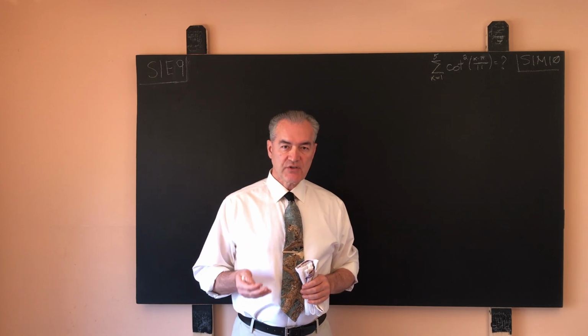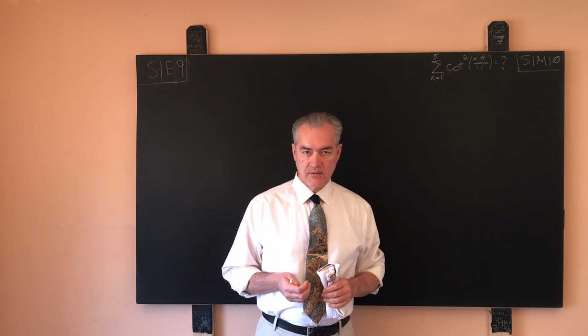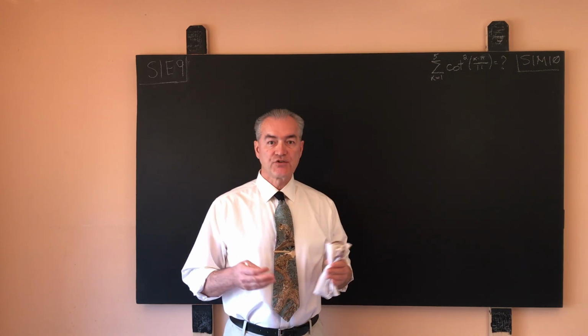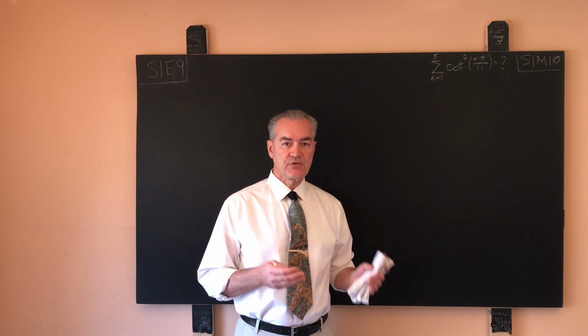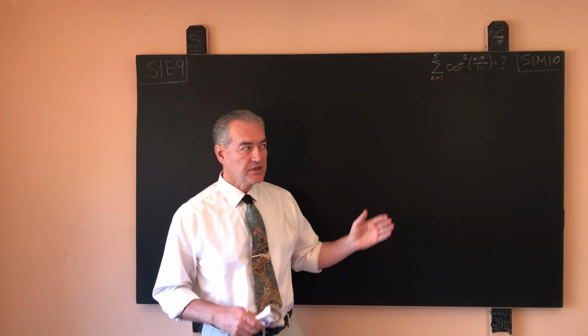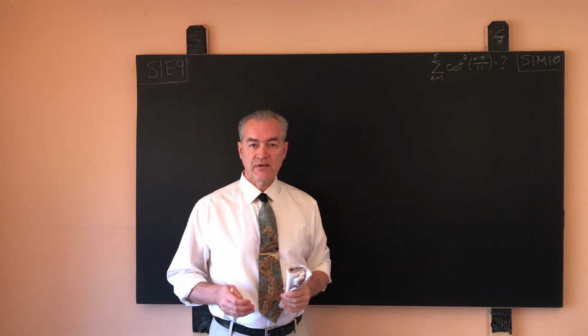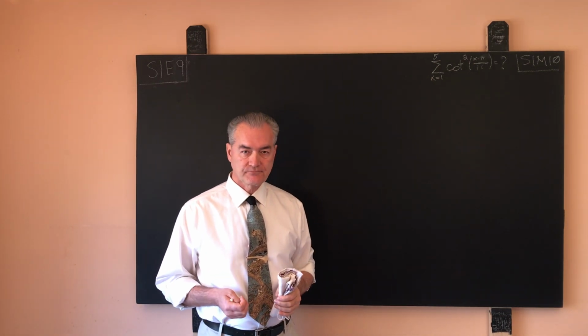The trigonometric function of cotangent maps real numbers to real numbers. A square of a real number is a real number, and the sum, in this case, of 5 real numbers is again a real number.